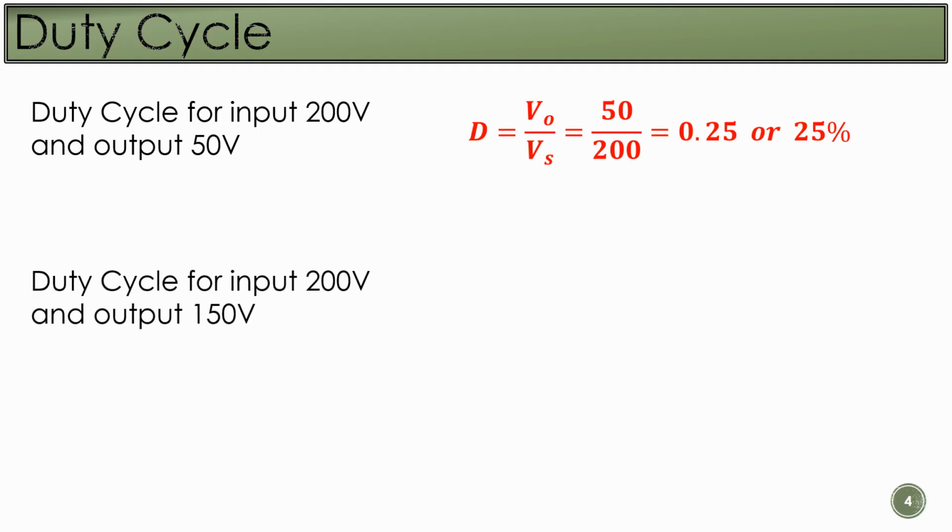For input of 200 volt and maximum output of 150 volt, the duty cycle is 150 divided by 200, which comes to 0.75 or 75%. So the duty cycle varies from 0.25 to 0.75. As the duty cycle increases, pulse width increases and the output voltage also increases.